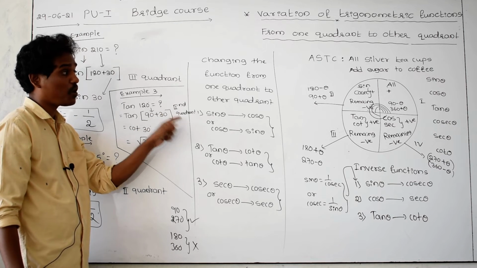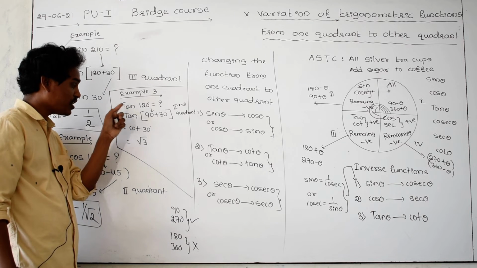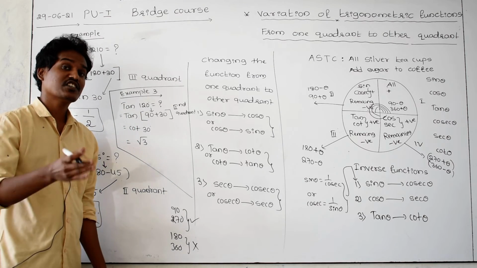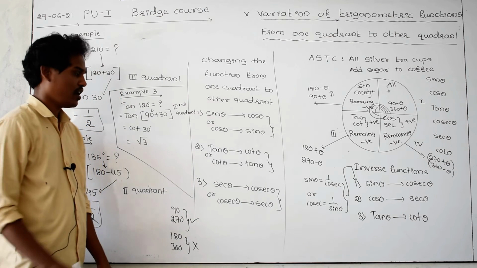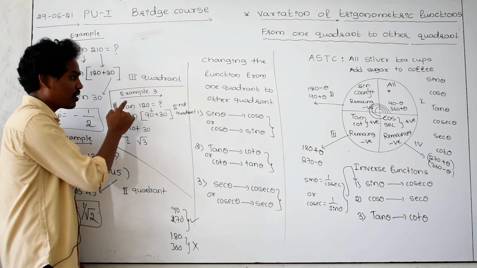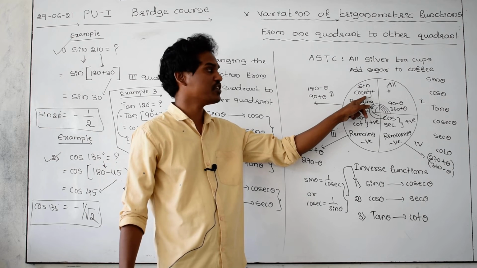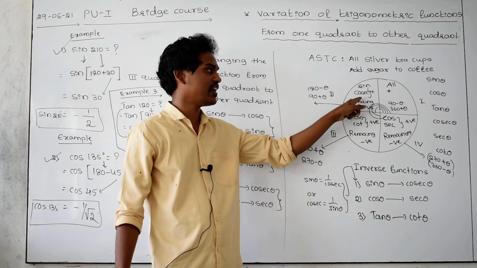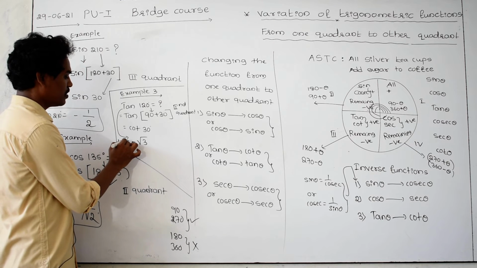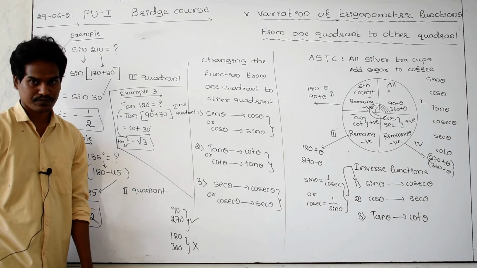In the second quadrant, tan is not changed into cot, so check whether tan is positive or negative. You have to check the sign of the function that has not changed. In the second quadrant, only sine and cosec are positive, but all the remaining are negative. Then tan is negative here. Therefore, this is negative. Tan of 120 degree is equal to minus root 3.